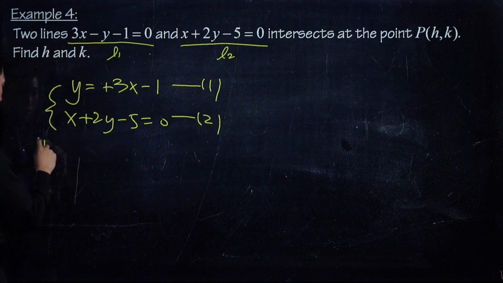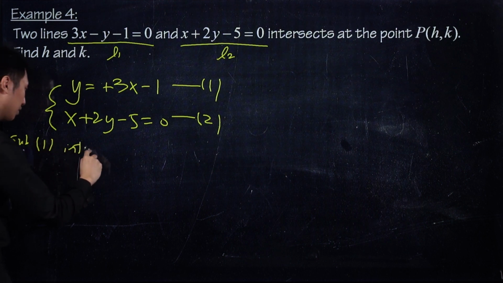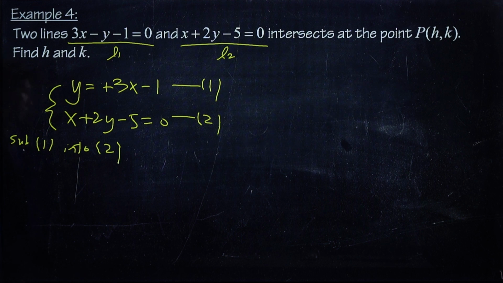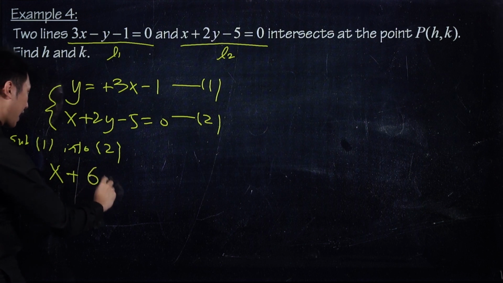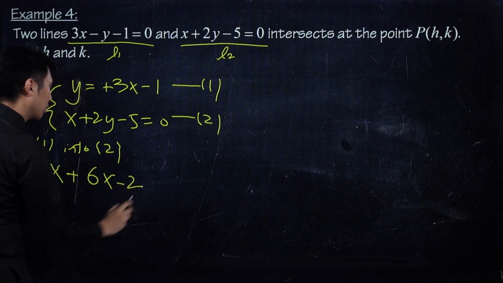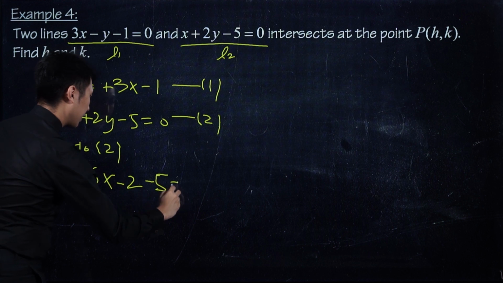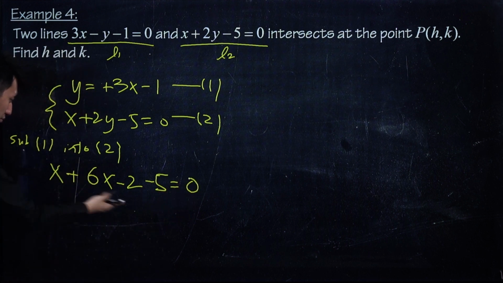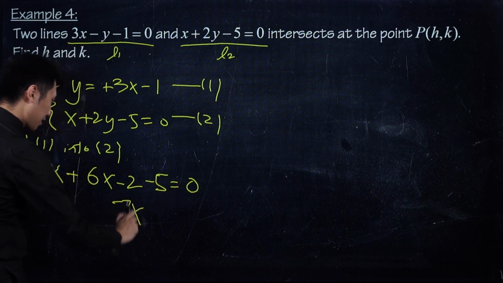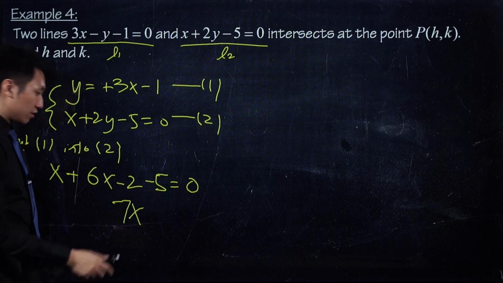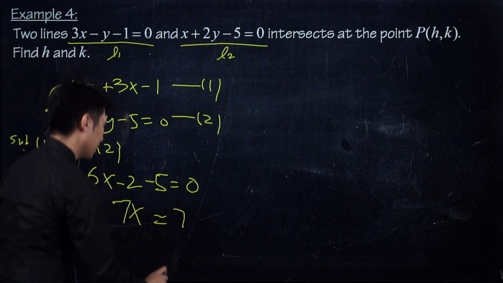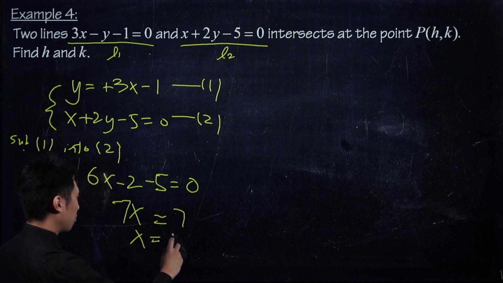So what I have here is x plus 2 times (3x minus 1) minus 5 equals 0. So 6x minus 2 minus 5 equals 0. 7x minus 7 equals 0. So 7x is equal to 7. So x is equal to 1.